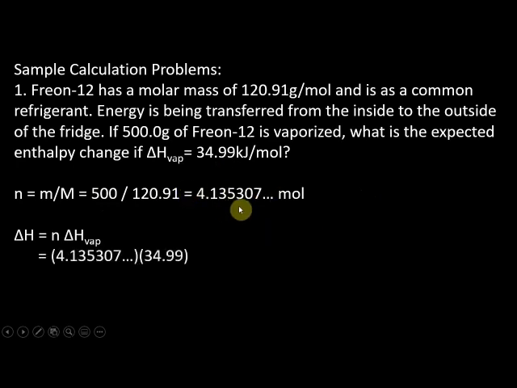So this number here times the 34.99. And so that's going to give us 144.6944 and a bunch of decimal places, kilojoules. Looking through the values, we're going to use 4 sig digs, 144.7 kilojoules.